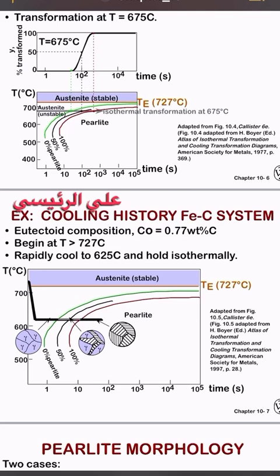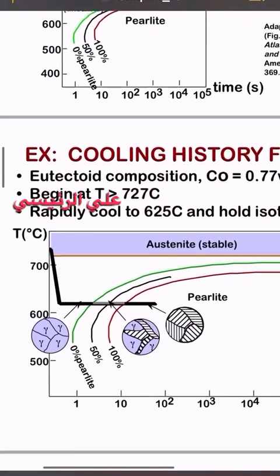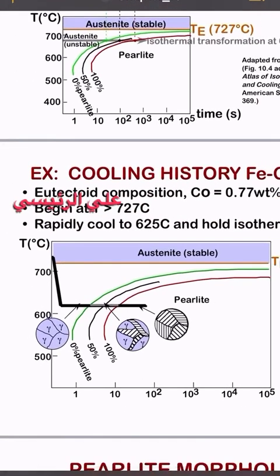So the percentage of carbon in iron, the eutectoid composition, is 0.77% carbon. As you can see, this is the black line, and you also hold the temperature fixed and constant.